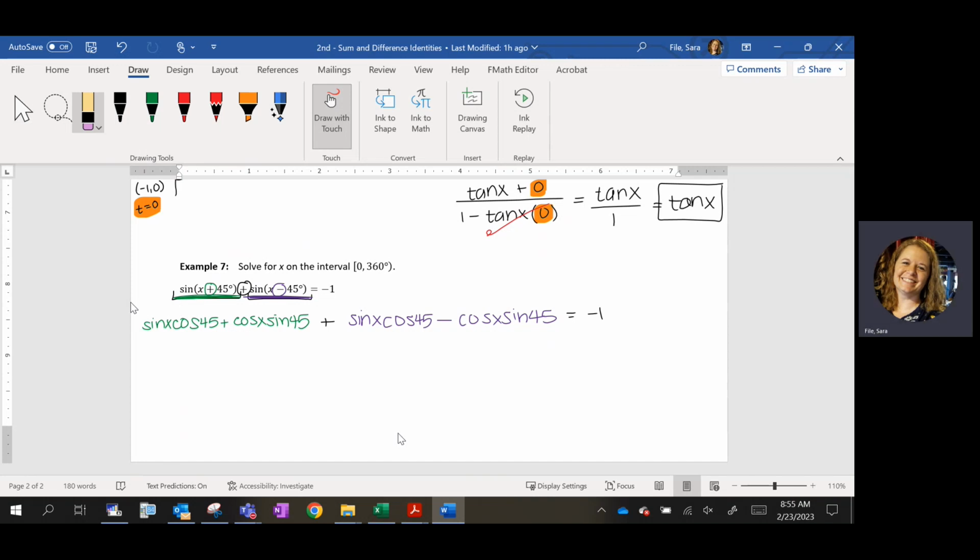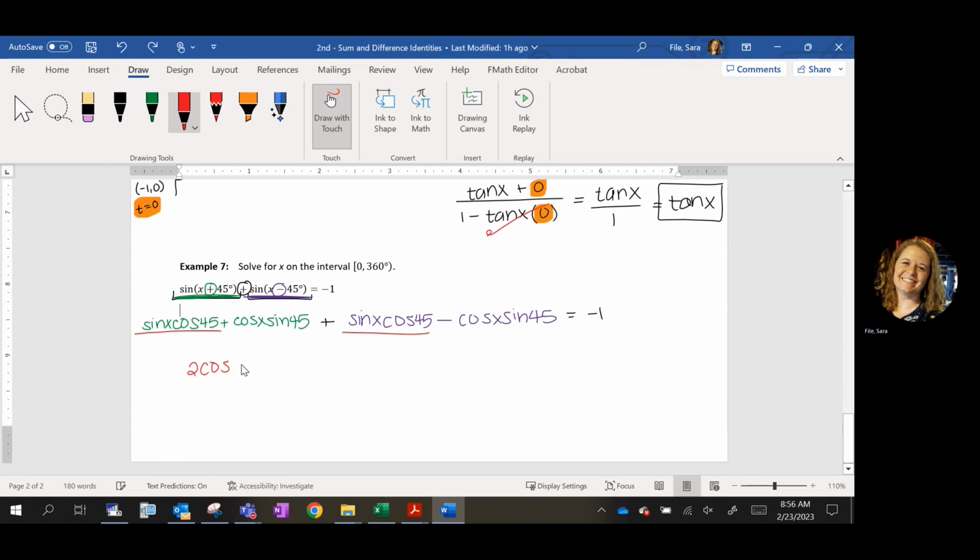Do you see anything that we can combine or that are like terms? Yeah, I've got sine of x, cosine of 45 twice, don't I? There's two of those. They're both positive. So I can combine those. I can write that as 2 sine x cosine 45s.